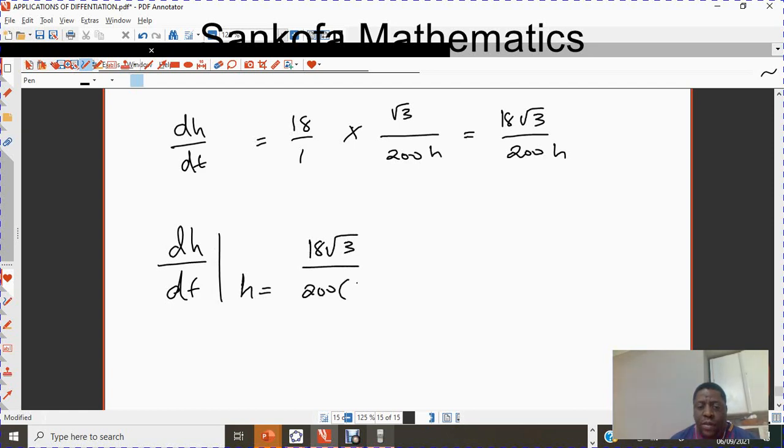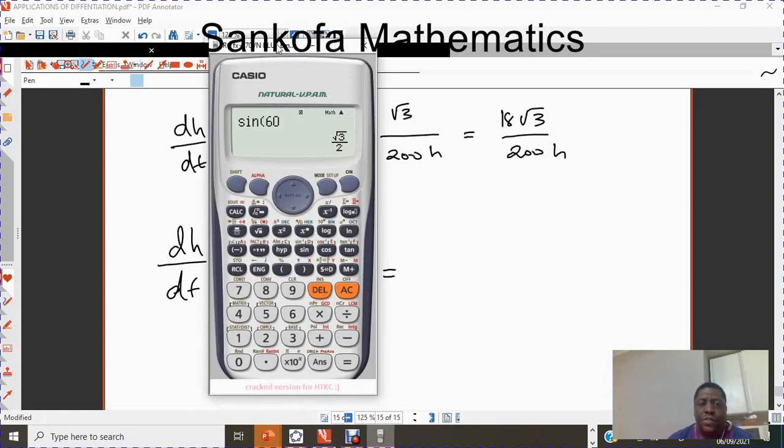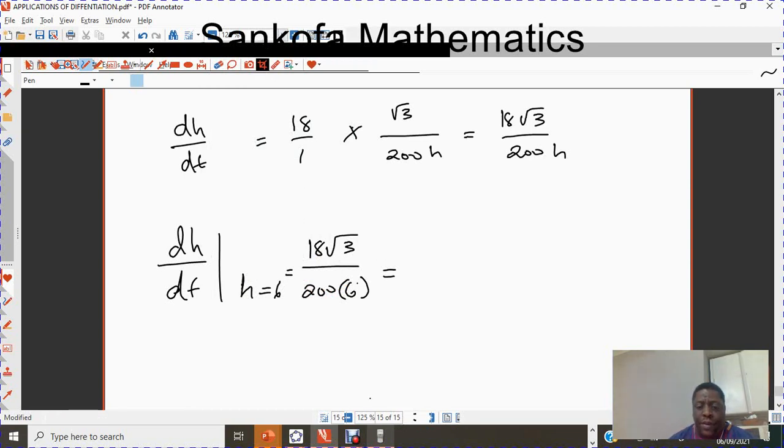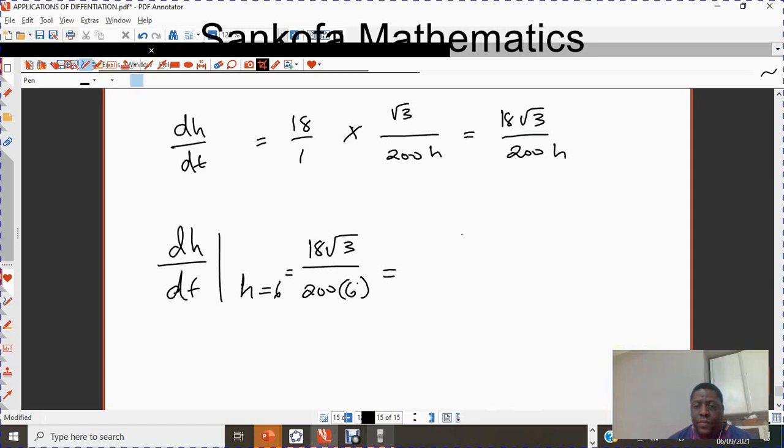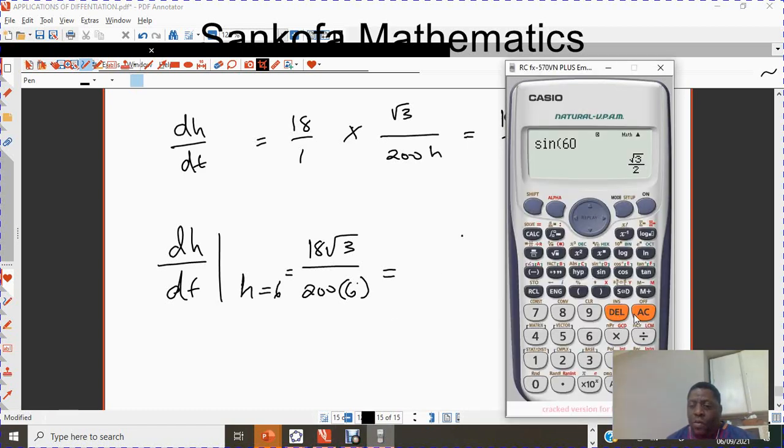Now you substitute h is equal to 6. Maybe we grab our calculators just to make sure we are on the right path. So it's going to be 18 root 3 over 200 times 6. So we get 0.025, more or less, give or take.